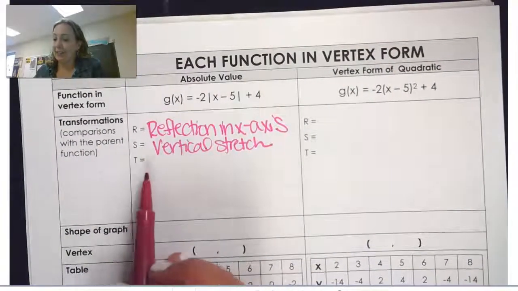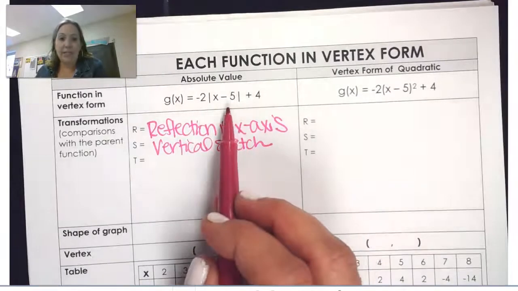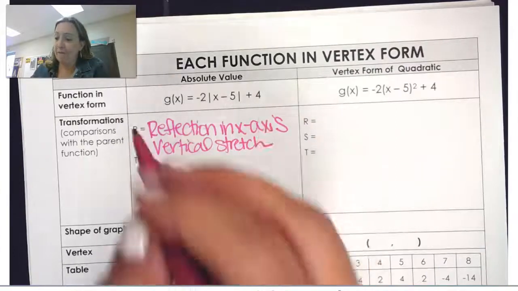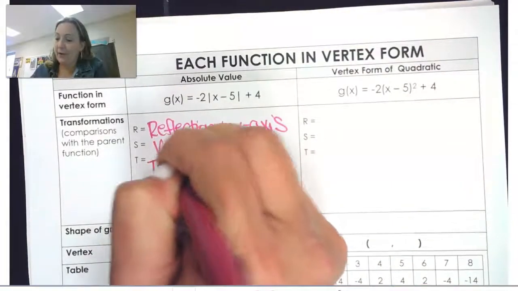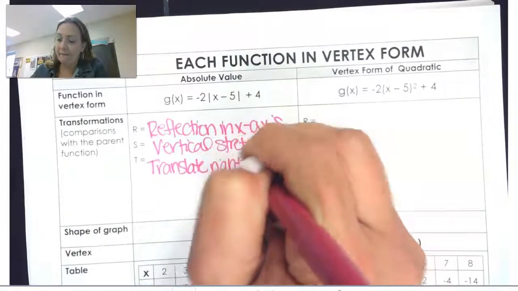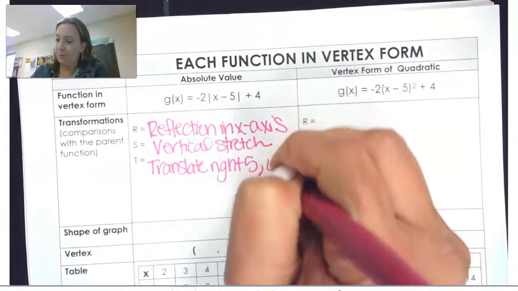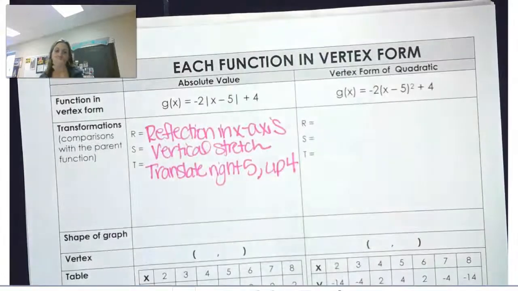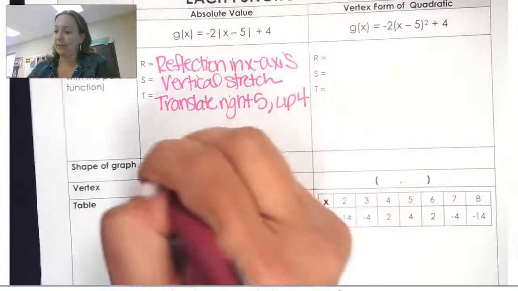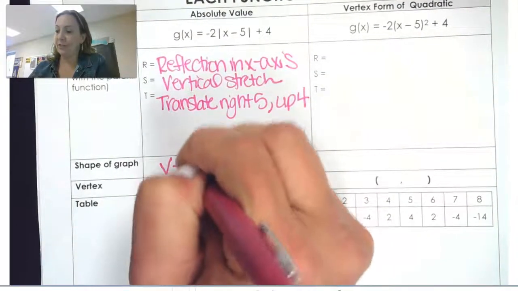T is a translation, and we look at our H and K. This tells us that my vertex is at 5, 4, which means that's how I would translate, that I would translate right 5 and up 4. Because of that absolute value graph, I know that that shape is going to be a V shape.